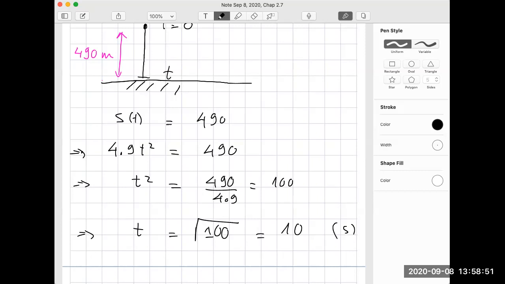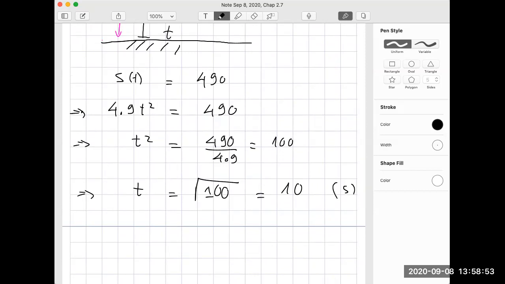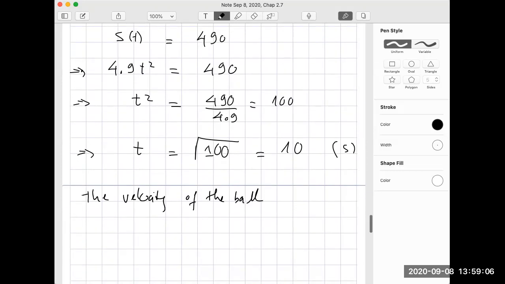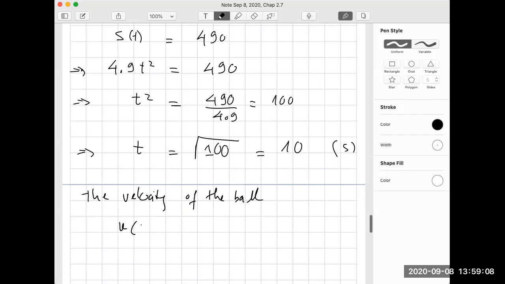And the velocity when it hits the ground will be the velocity at t equal to 10.